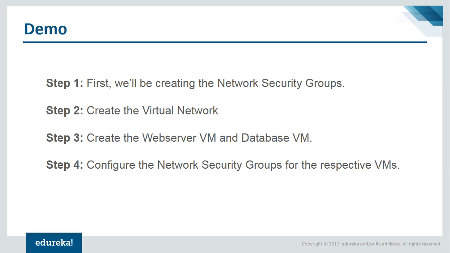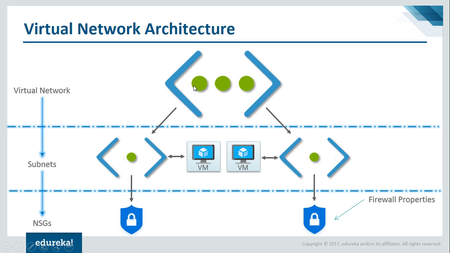Right, so let me summarize what all we did. So we created a virtual network, we created a subnet, we created a network security group, we created a VM, we attached the VM through the subnet, and since the network security group was attached to the subnet, our VM could access the properties in my network security group.